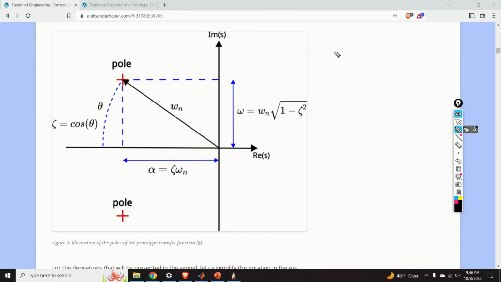Zeta and omega n have a nice graphical interpretation that's shown in this figure over here. Omega n is the distance from the origin in the complex plane to the pole of the transfer function. Zeta is equal to the cosine of the angle between this vector over here and the real axis.